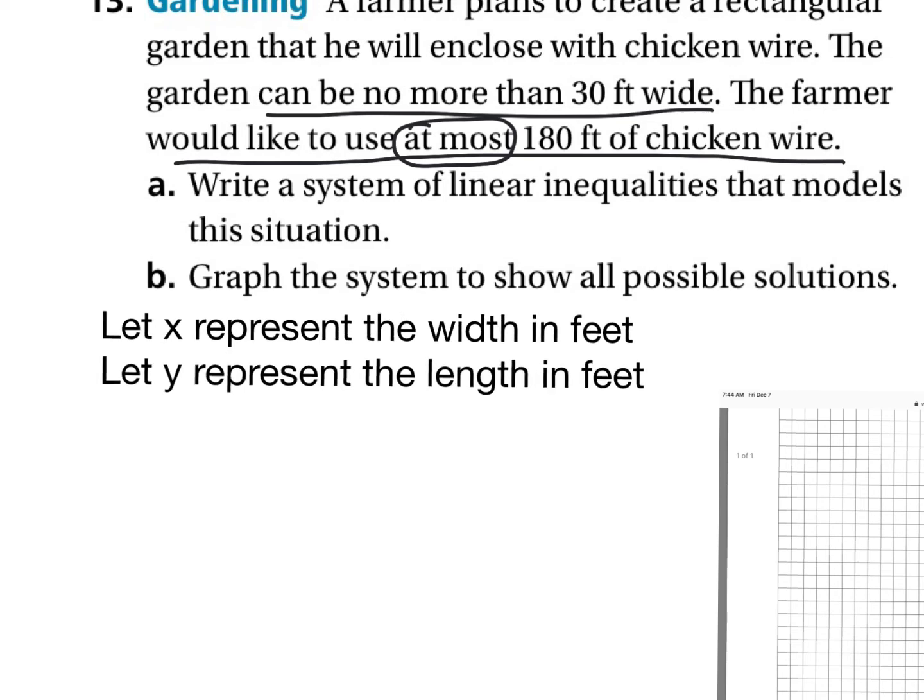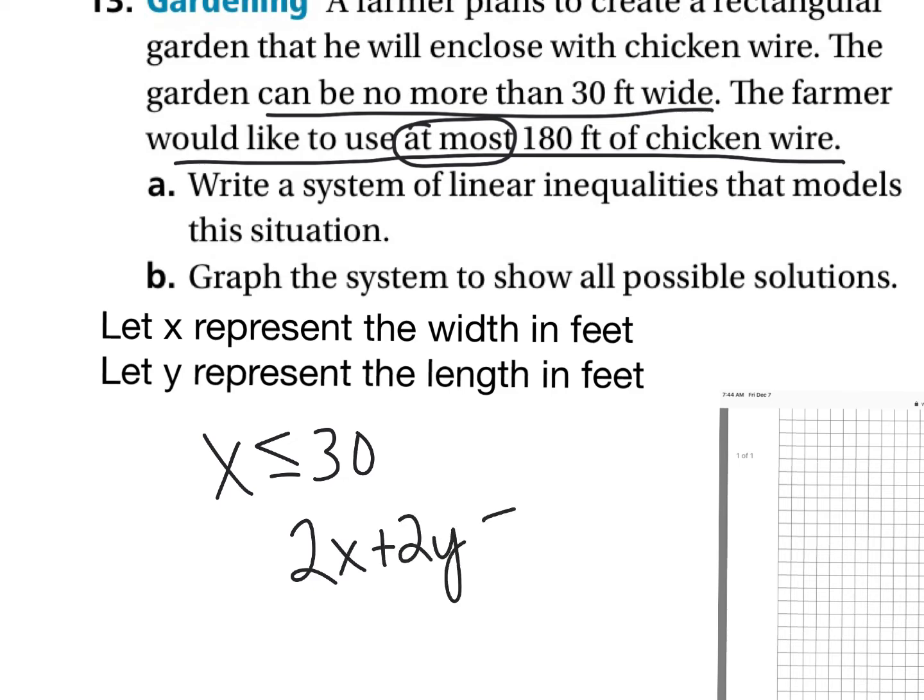Okay, so if the width can be no more than 30 feet, x would be less than or equal to 30. And if they were going to use at most 180 feet, that would be dealing with our perimeter. So 2x plus 2y would have to be less than or equal to 180.